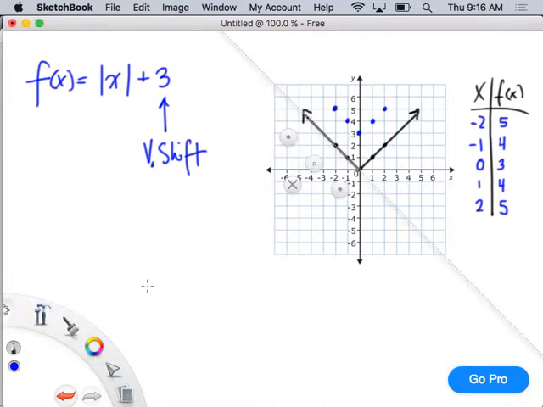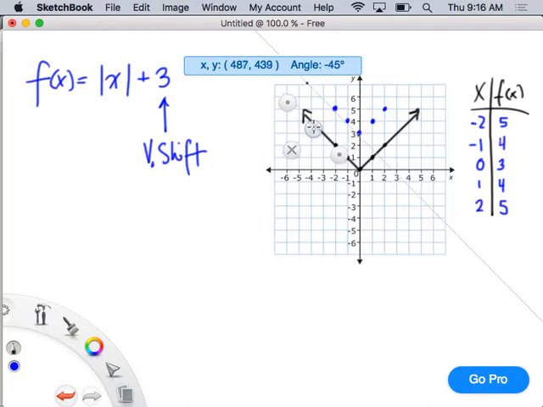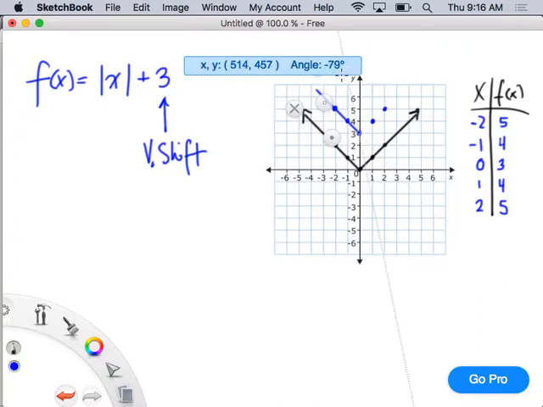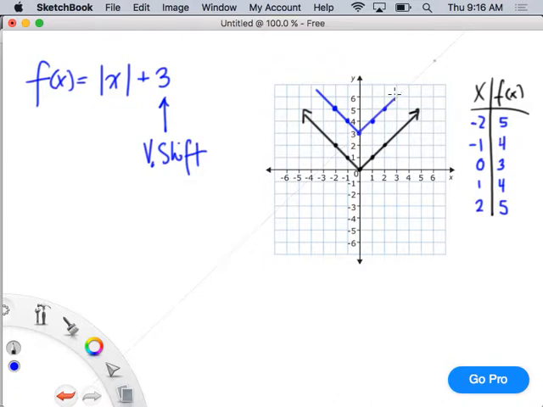Once I've got those points, I'll go ahead and graph the lines. And with that, we can pretty clearly see that I've got the exact same function, just shifted up 3. 1, 2, 3, 1, 2, 3, 1, 2, 3. Every point is shifted up 3. You guys see that? Cool. Good.